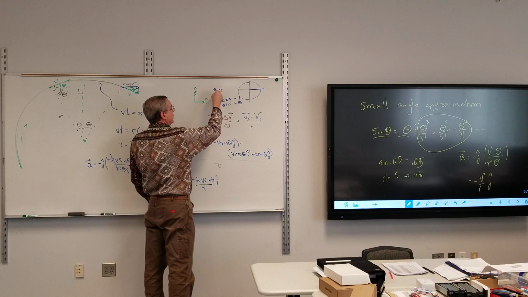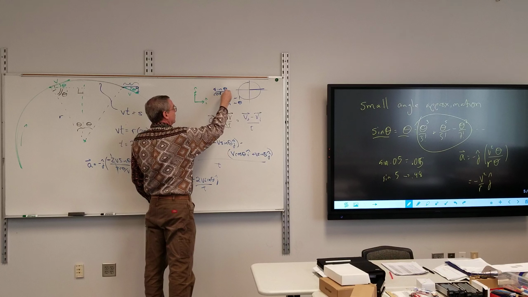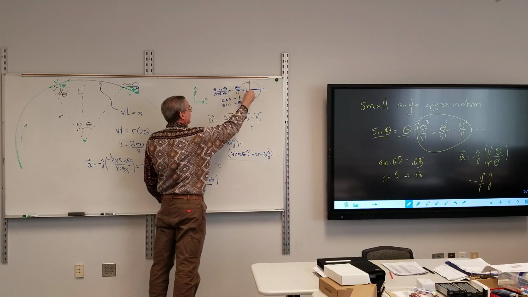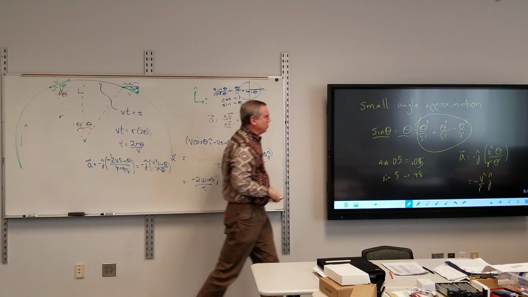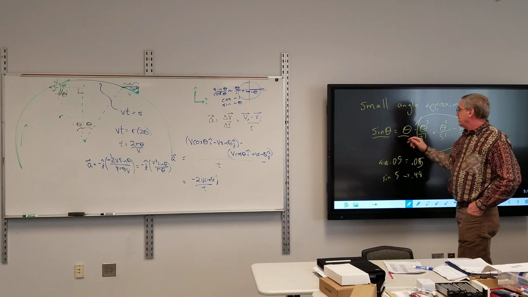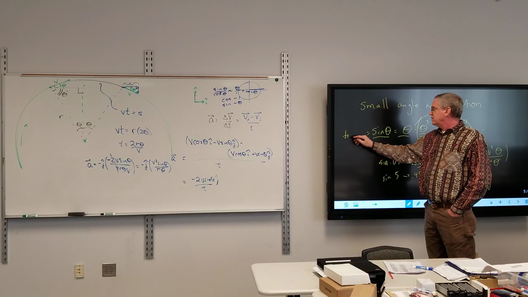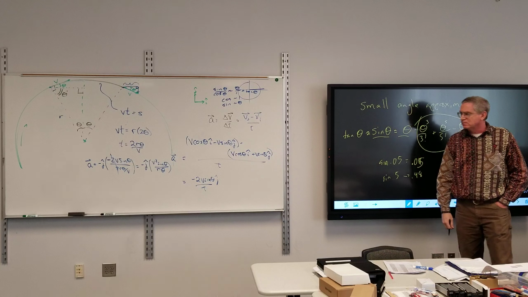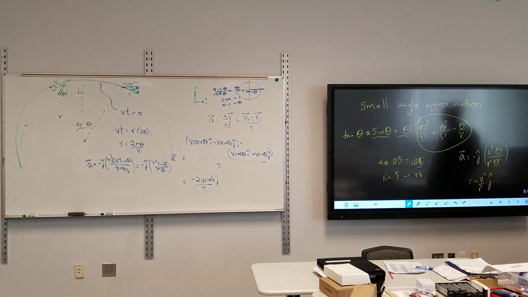So sine over cosine is approximately equal to theta over 1, and that's just the tangent of theta. Small angle approximation typically takes it one step further: sine theta is approximately tangent of theta.